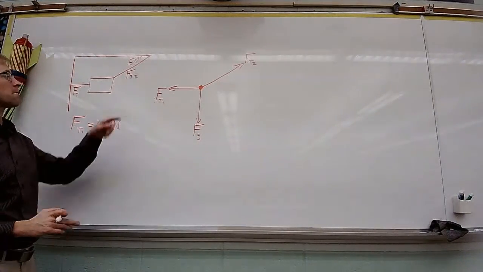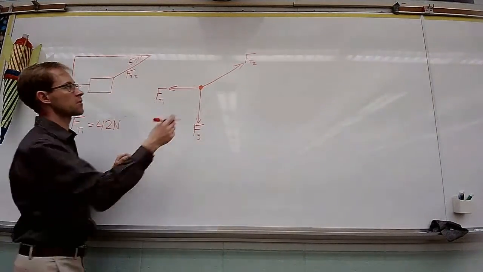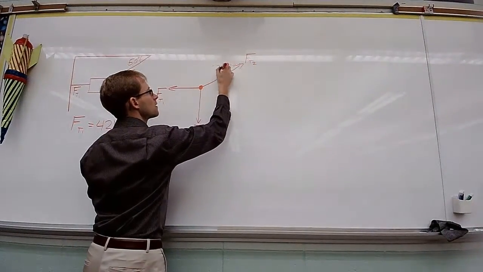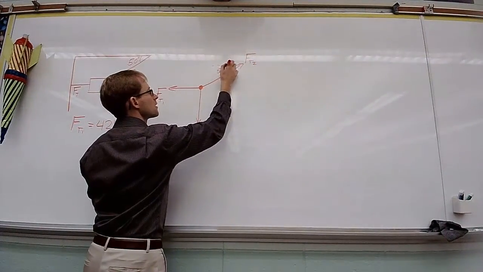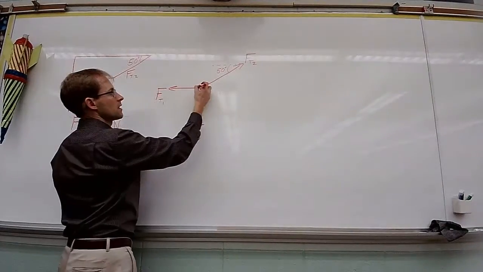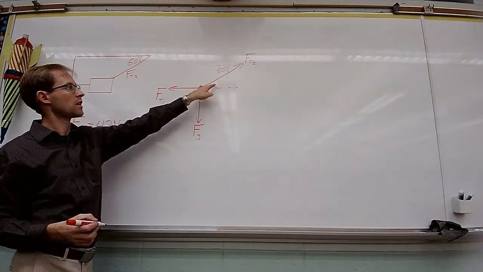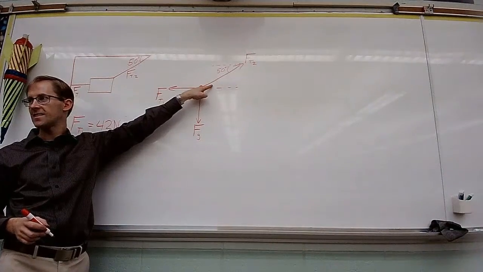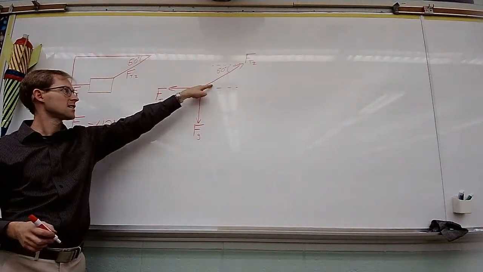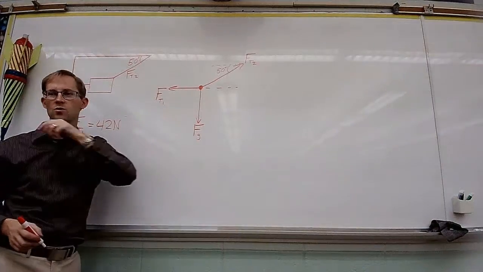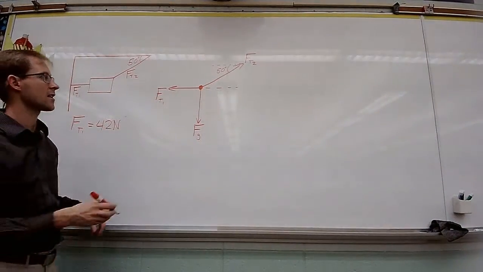Now, we might want to put this 50-degree angle in here too. So there's your 50-degree angle. Now, if that angle's 50 degrees, can anybody tell me what this one's going to be? 50, exactly. Because of math, right? If you know this angle, we know this one. That's some math law there.